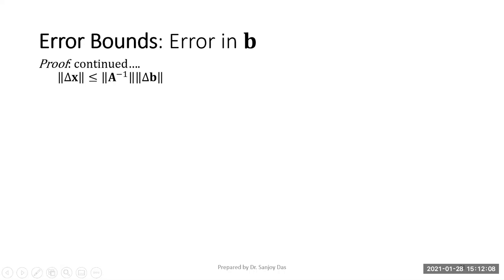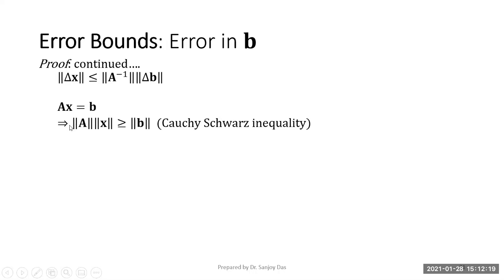Now let's take the other expression, Ax equals b. When we apply the Cauchy-Schwarz inequality, what do we get? The norm of A times the norm of x will be greater than or equal to the norm of b, correct? So this is our second expression.